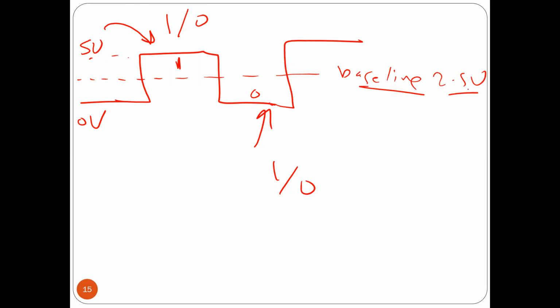And then if the voltage I receive is more than 2.5, I will assume this is 1. If it is less than 2.5, I will assume this is 0. Is that okay? So I have a baseline. If the voltage is more than the baseline, it's 1. Less than the baseline is 0. Is that okay? In reality, we can't do it this way.